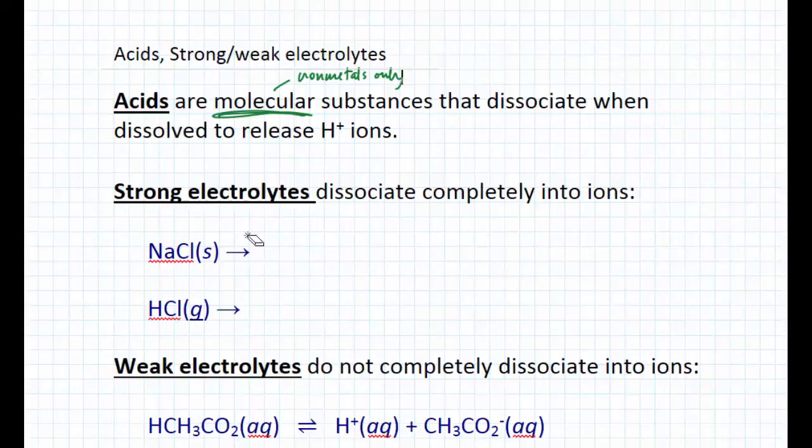Just like how sodium chloride dissolves into sodium ions and chloride ions, just like we said before. HCl, when it is pure, is a gas, but when it's dissolved in water, it will cause that solution to conduct electricity. Hydrochloric acid will.